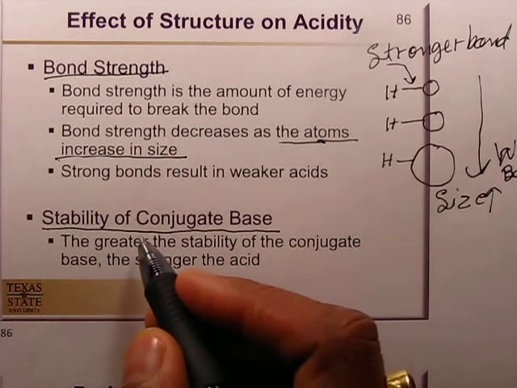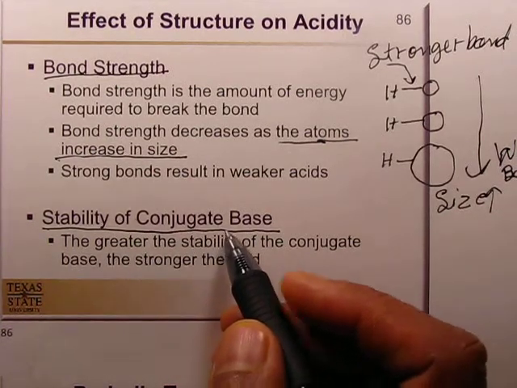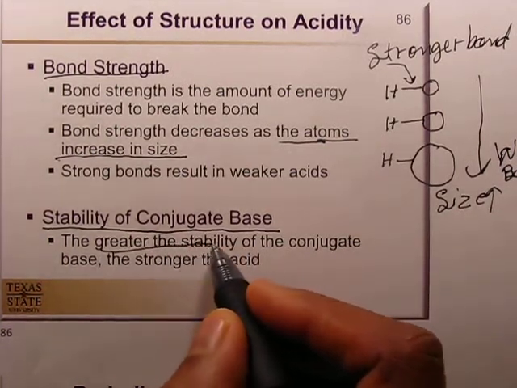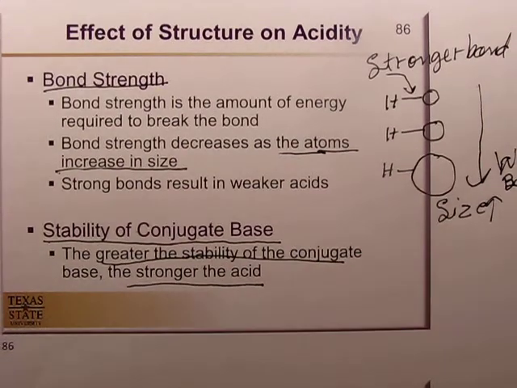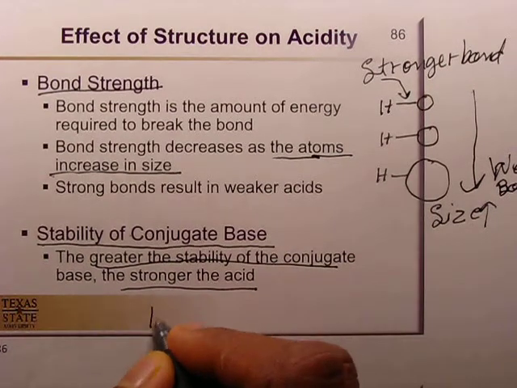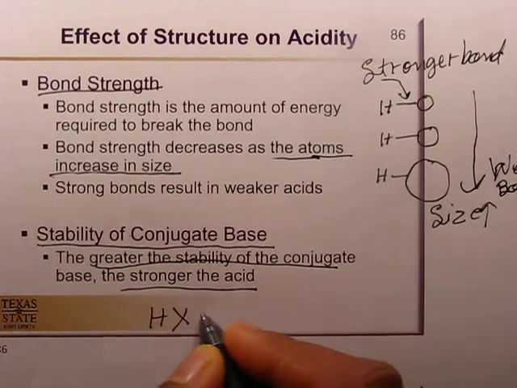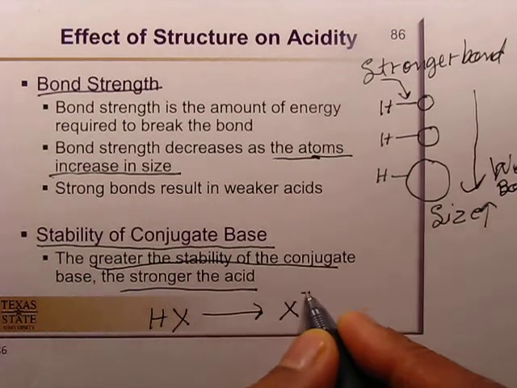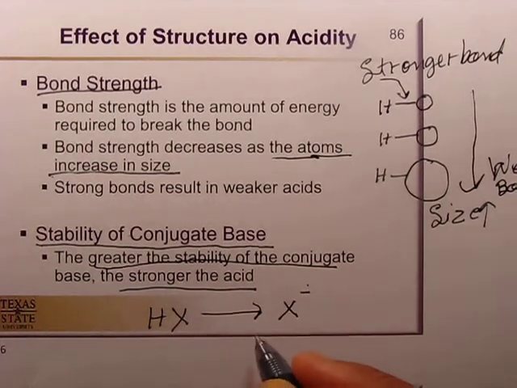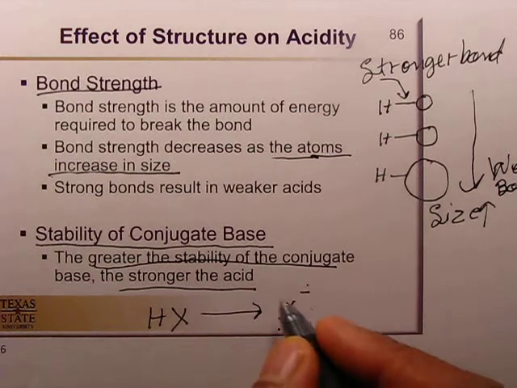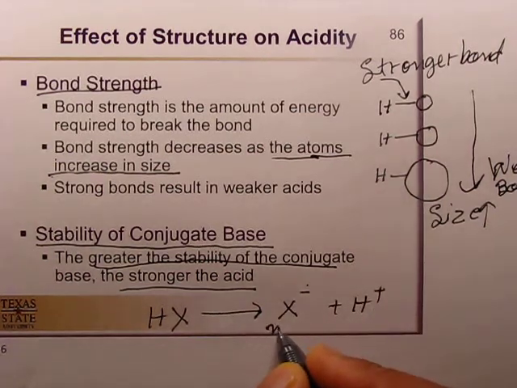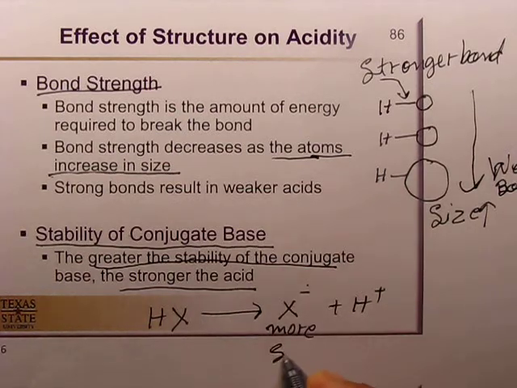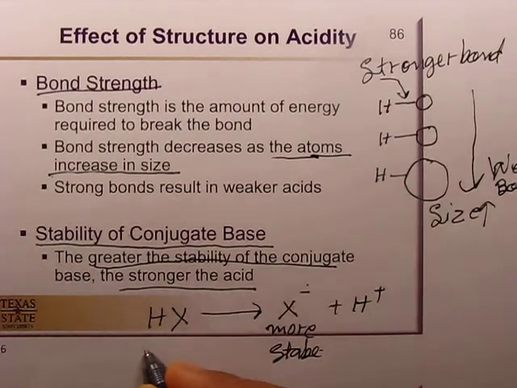Another thing is the stability of the conjugate base. The greater the stability of the conjugate base, the stronger the acid. For example, in HX, if the X ion is more stable than H plus, then the acid will be strong.